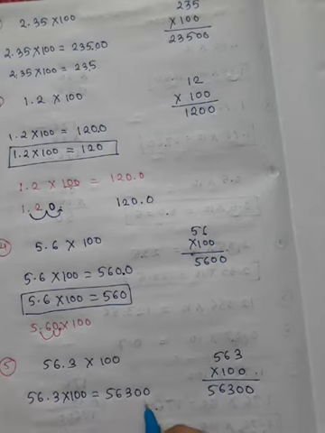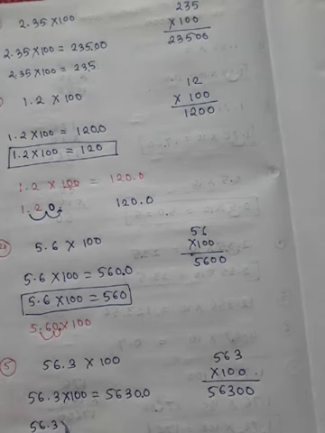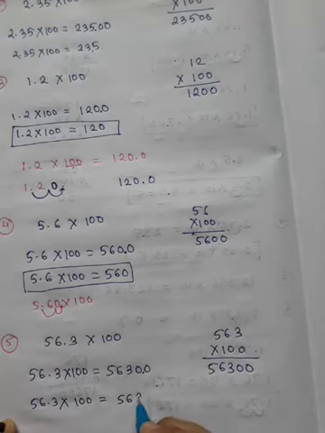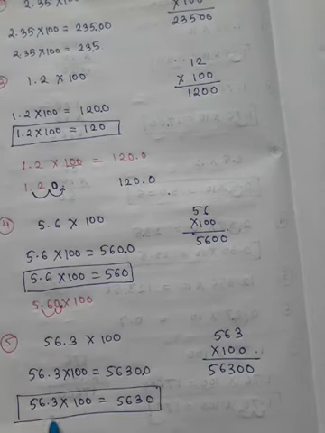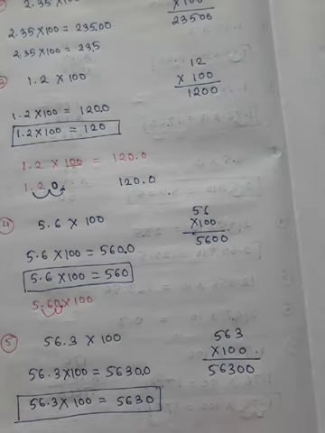There is one digit after the decimal point, so put the point before one digit. So 56.3 into 100 is equal to 5630. So see here also, when you multiply by 100, the decimal is shifted towards the right by 2 units, and when there are no digits, write 0. Okay, like this you can multiply any decimal number by 100.